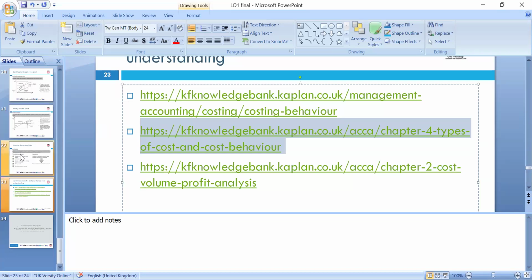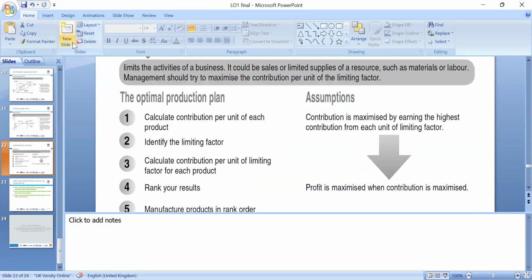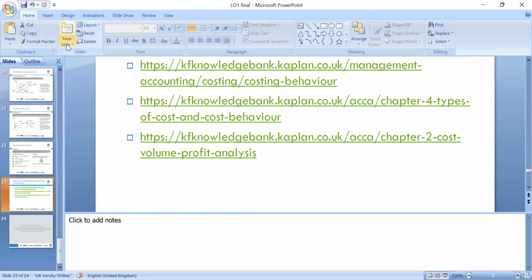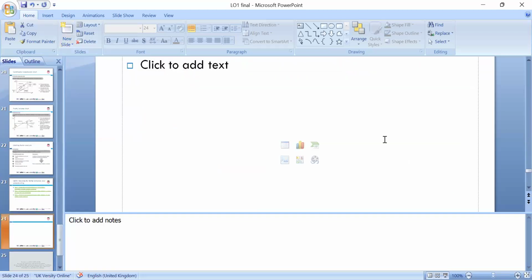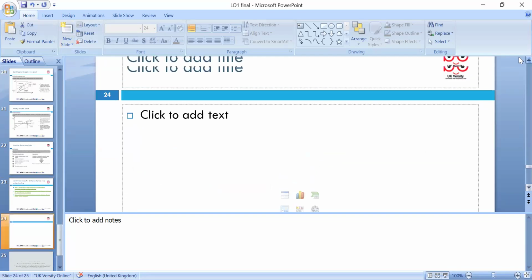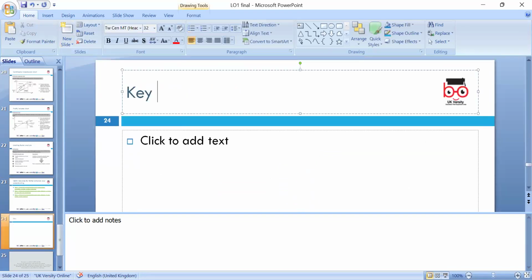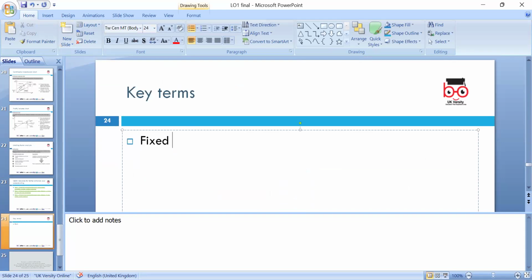We'll summarize what we learned today, and then we nearly finish. So today we learned about key terms. Fixed cost: a cost that stays the same.